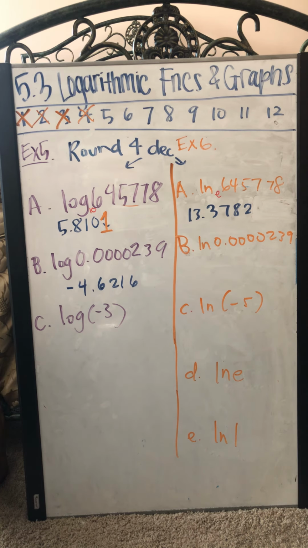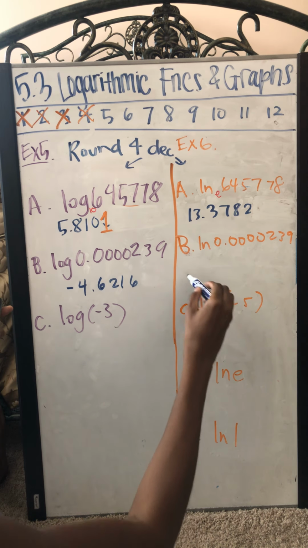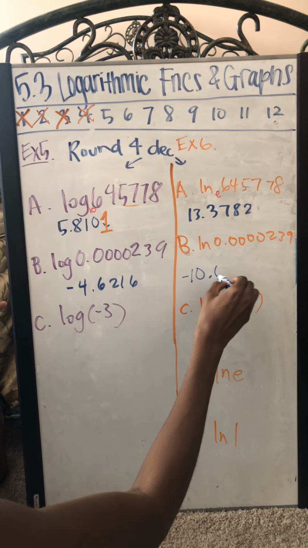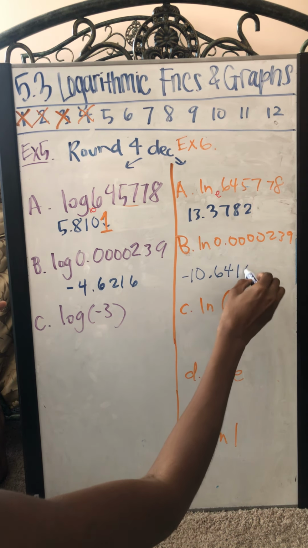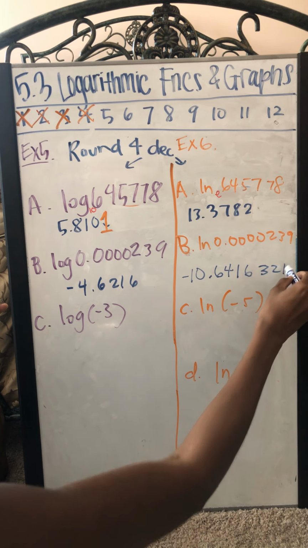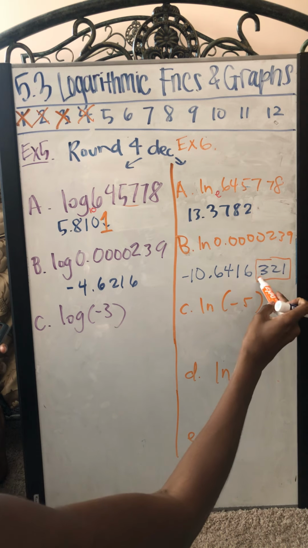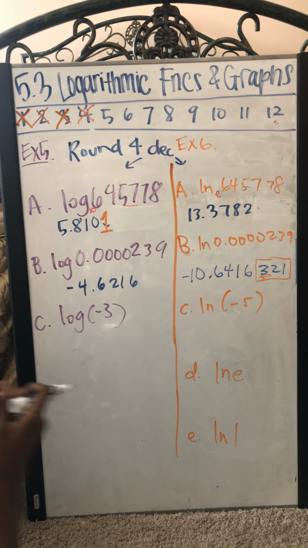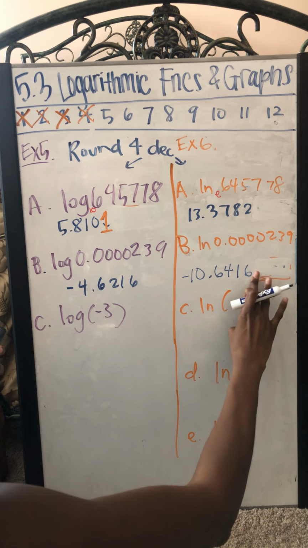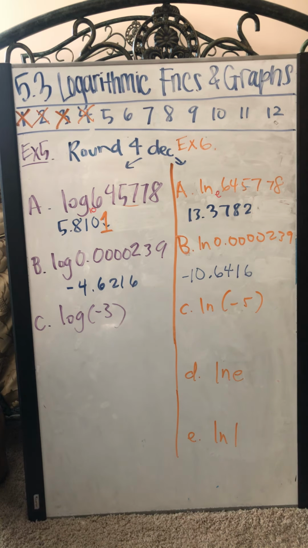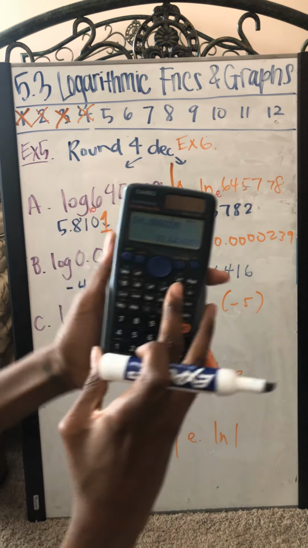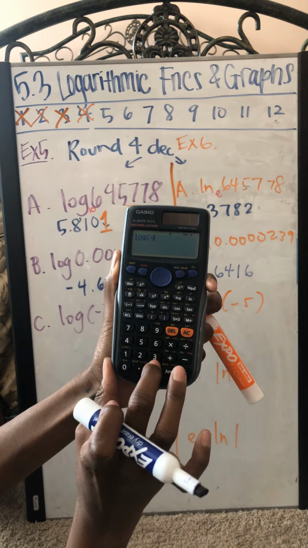If we do ln of that exact same number, we get negative 10.64163321, okay? If we box off the things that don't matter, this is smaller than 5, so we just get rid of it, okay?